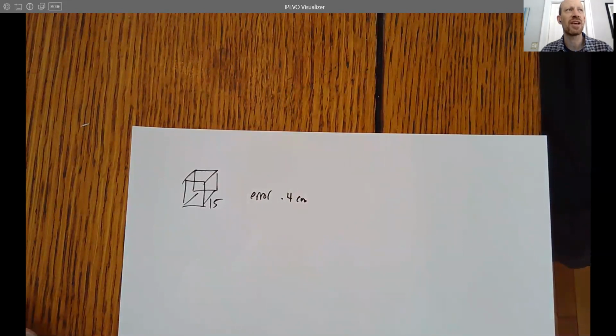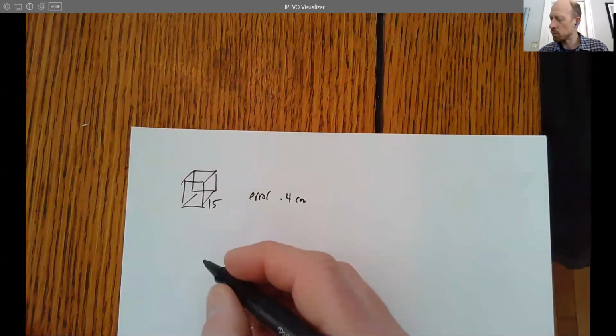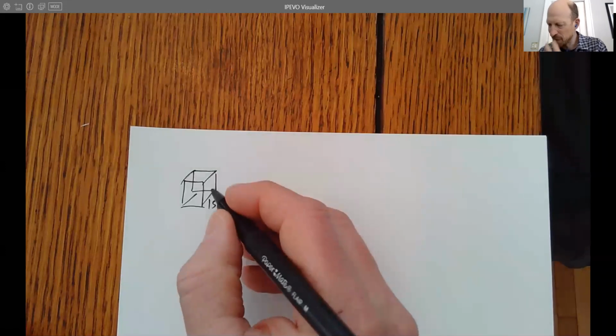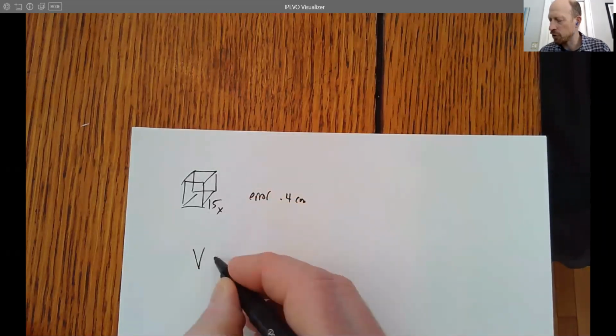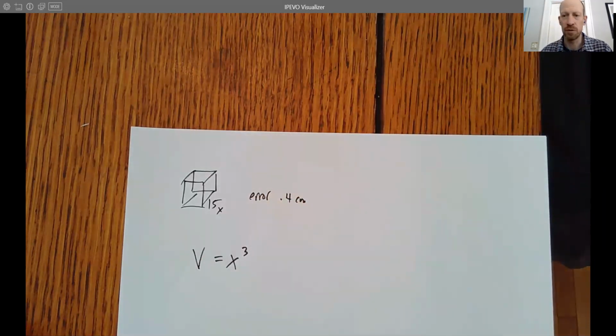Use differentials to estimate the maximum possible error, the relative error, and the percentage error when we compute the volume and the surface area. Turns out if we get one of those, we're well on our way towards getting the others. And so what I want you to imagine is that this side is like x, right? And the volume of a cube is then x cubed.